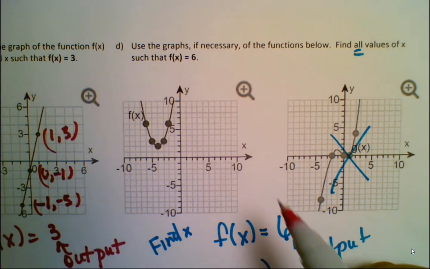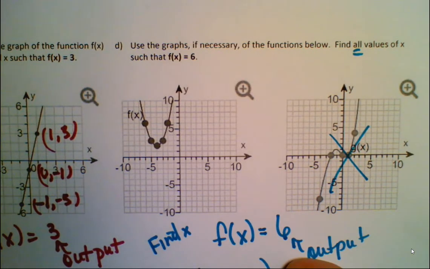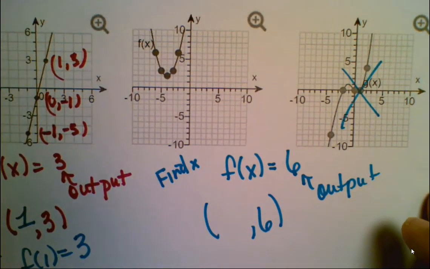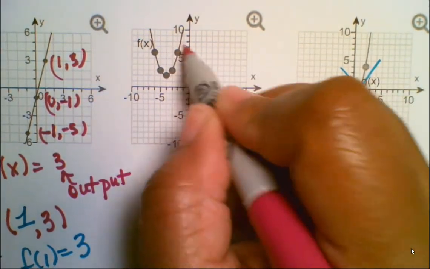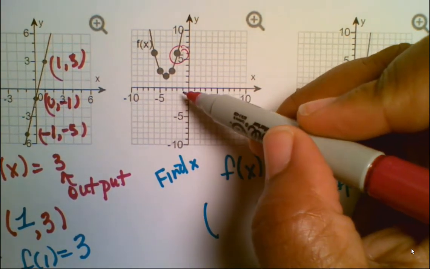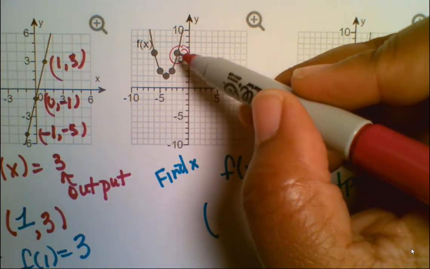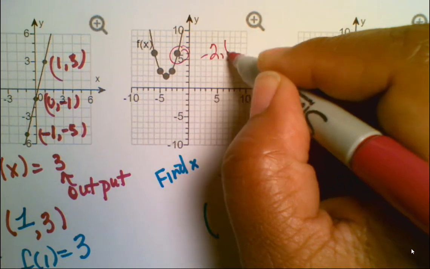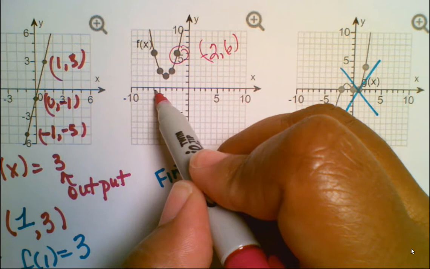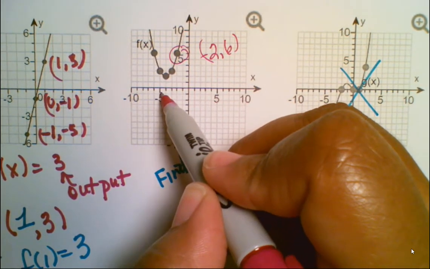So which point or points will have a y coordinate of 6? So we have this point here, which is, let's see, -2, 6. And then what is the other one? This is -5.